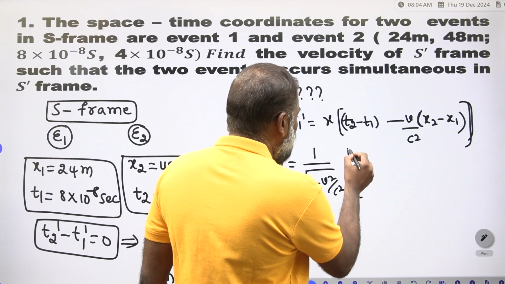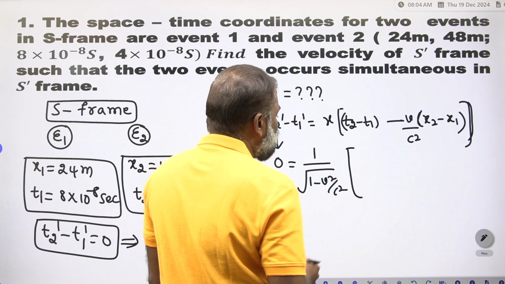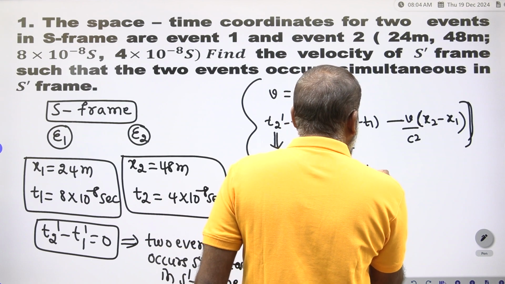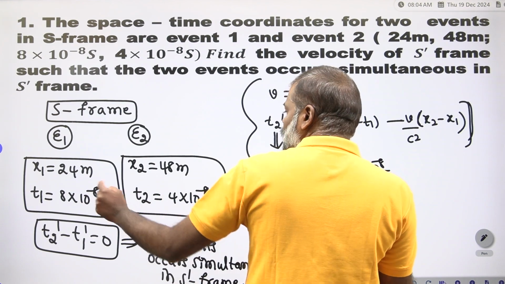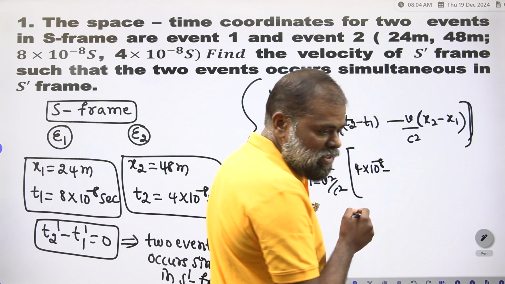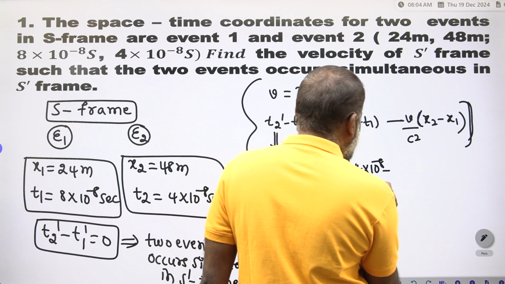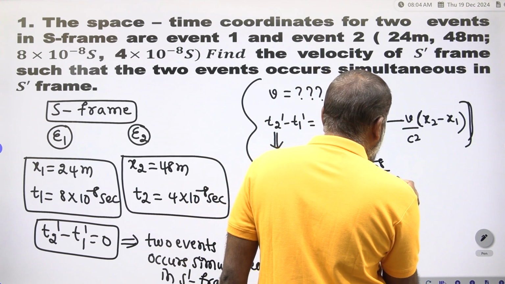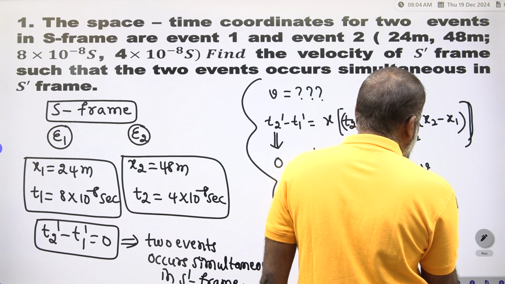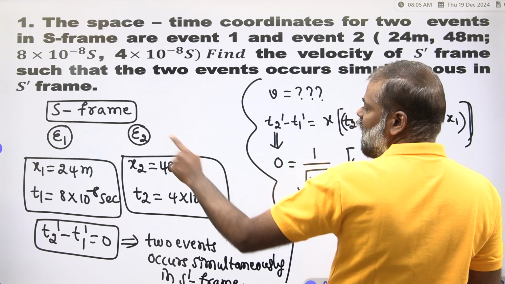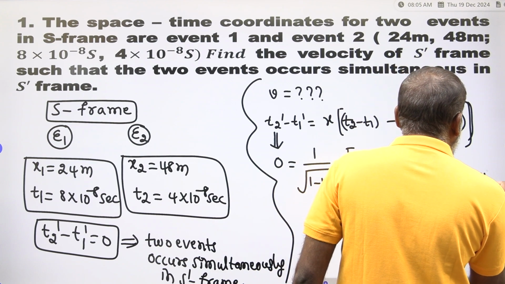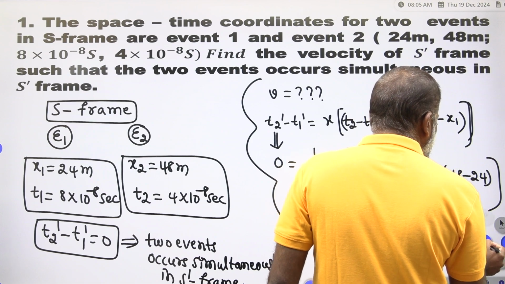Into T2 minus T1: T2 is 4 into 10 to the power of minus 8, minus T1, which is 8 into 10 to the power of minus 8, minus v by c square into x2 minus x1, where x2 is 48 minus 24. This is the substitution technique.